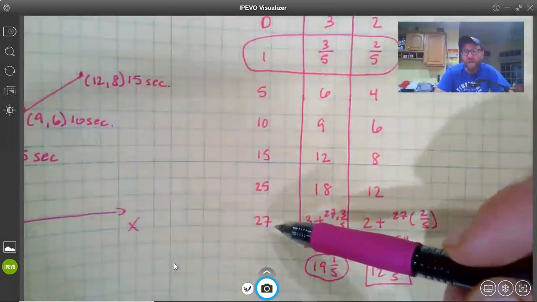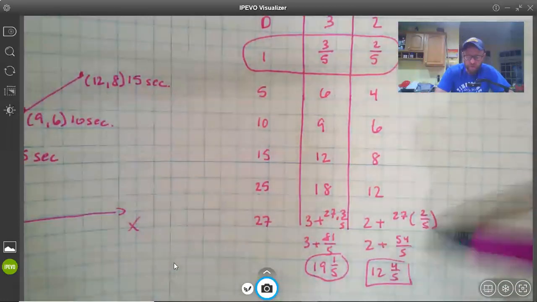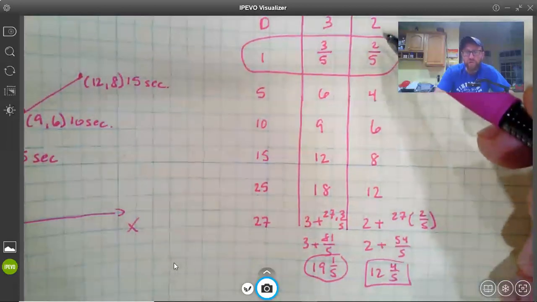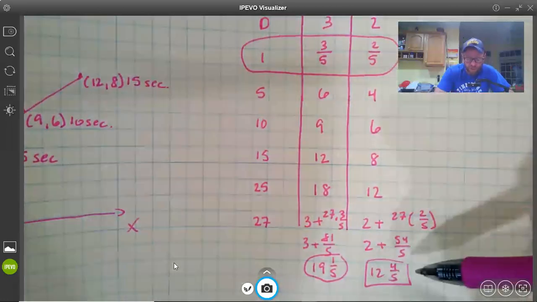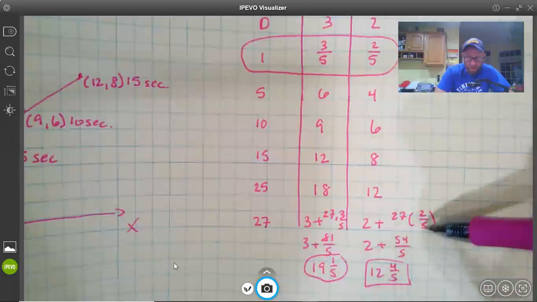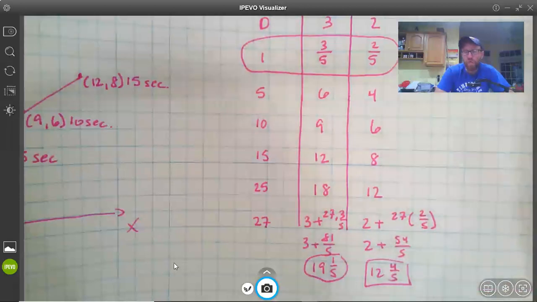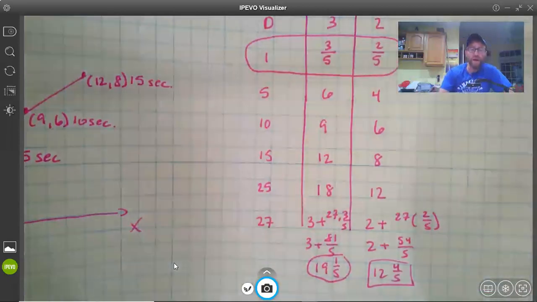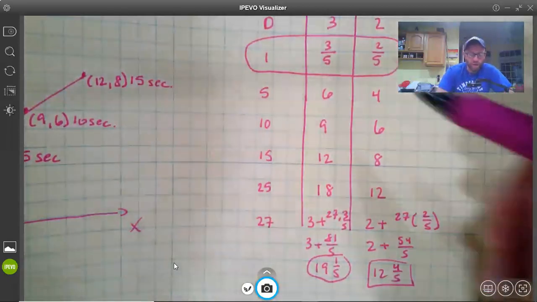So 27 increments of that 2/5 is 27 times 2/5, which is 54/5. Of course, we have to add on the original 2 that we started with to give us 12 and 4/5 altogether.